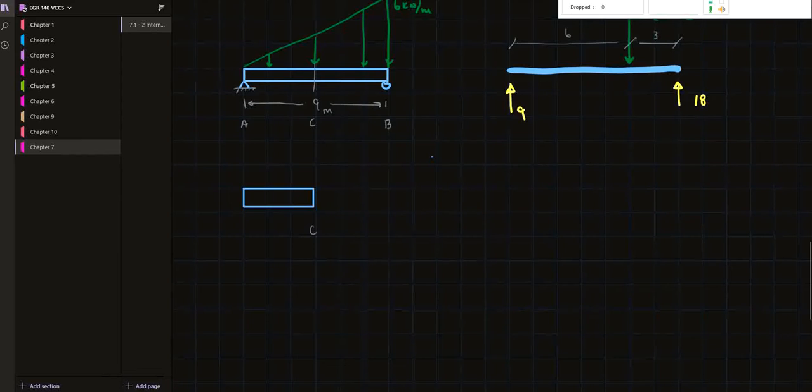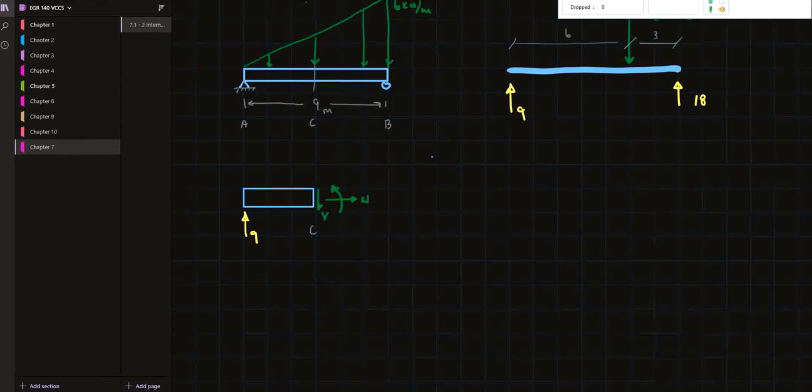So then let's fill in the rest of the loads here. We have a reaction here of 9. We're going to have a shear force. I'll just draw these positive. We'll have a normal force.